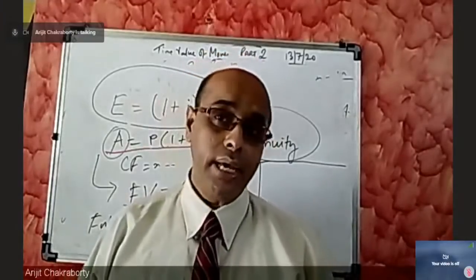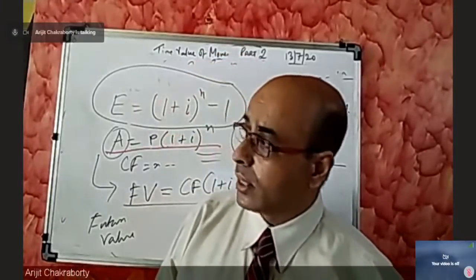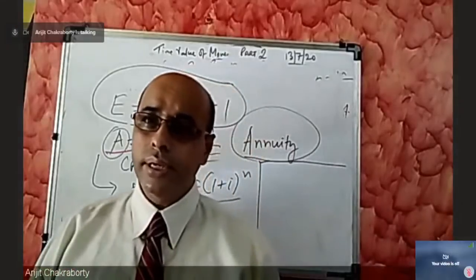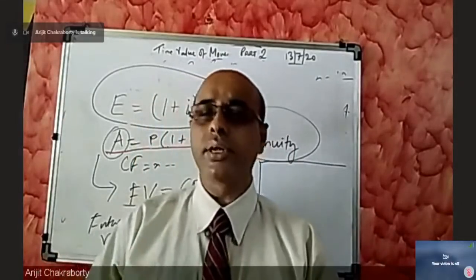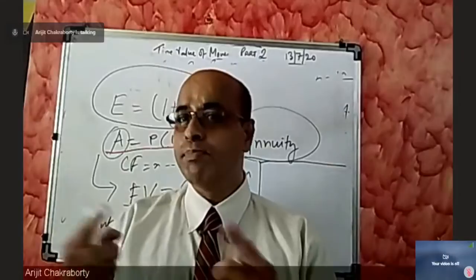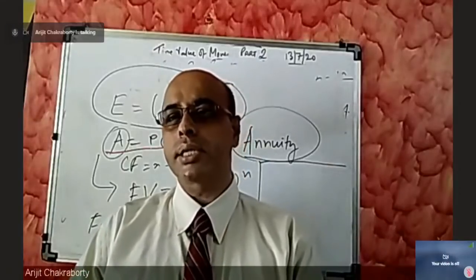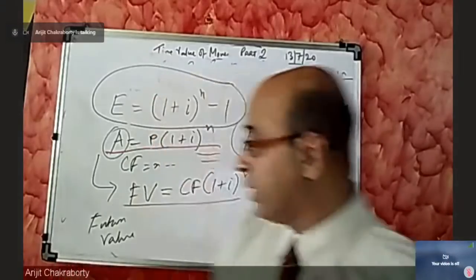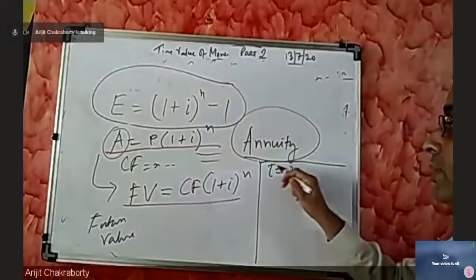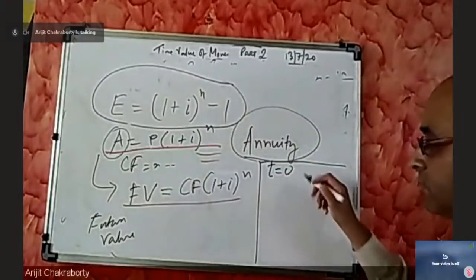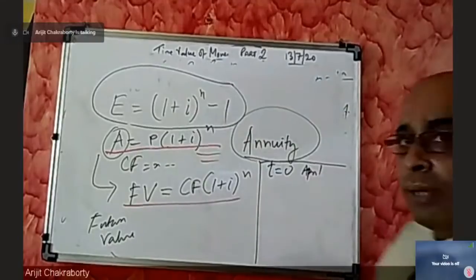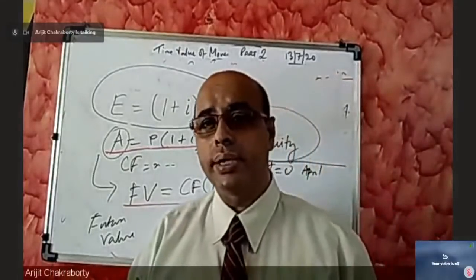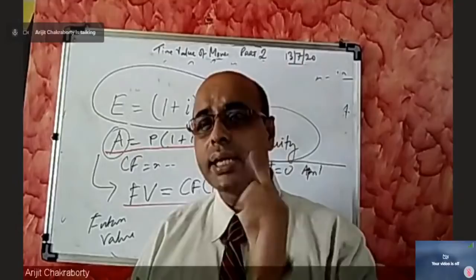Now the question is, I might be receiving this interest in the month of April. So the financial year starts from April to March. The company might be paying me the bond interest in the beginning of the year. That means when time is equal to 0, t equal to 0. That means in the month of April, maybe on the first day of April, right? In that case, what happens?